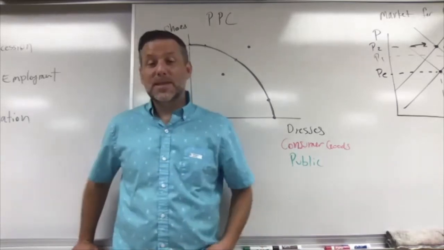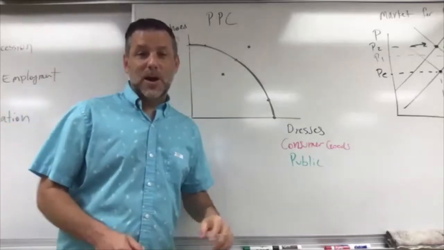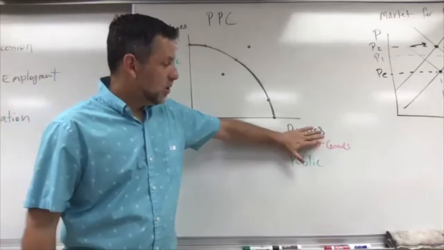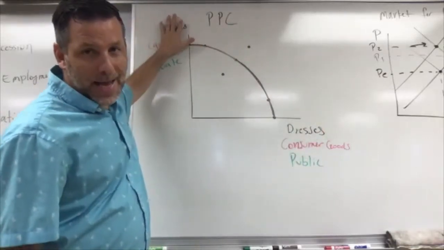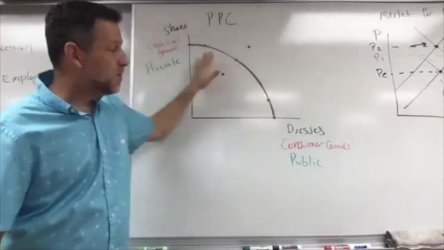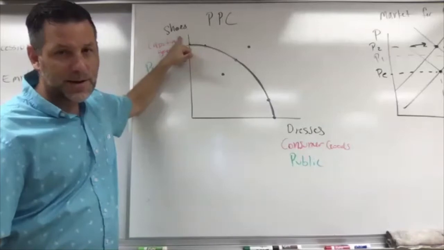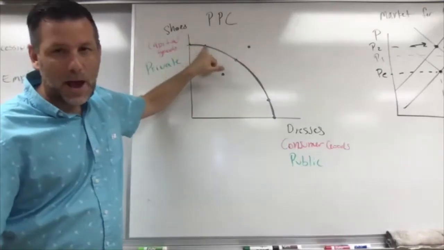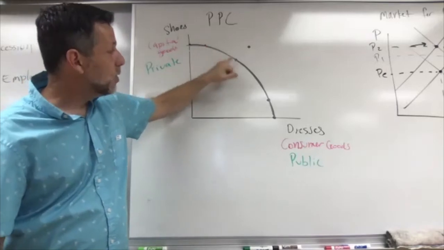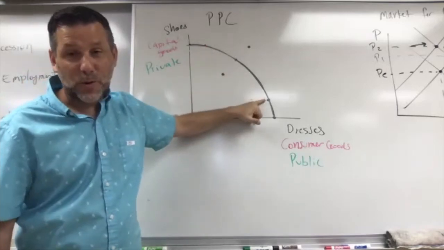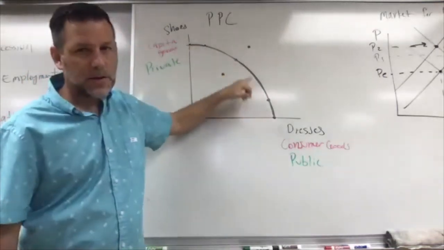Exactly. For a PPC graph, we could do schoolwork and yearbook. You have to balance between doing your schoolwork and doing stuff for the yearbook. Maybe right now almost all your effort is going to yearbook and a little bit to school, or most of your effort's going to school and a little bit to yearbook, but there's a combination of those.